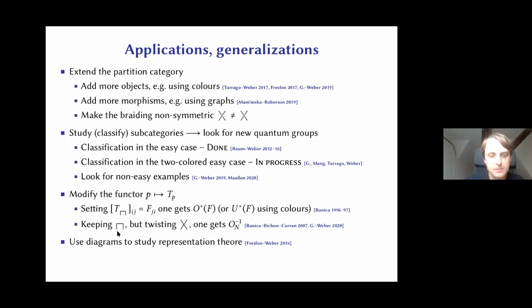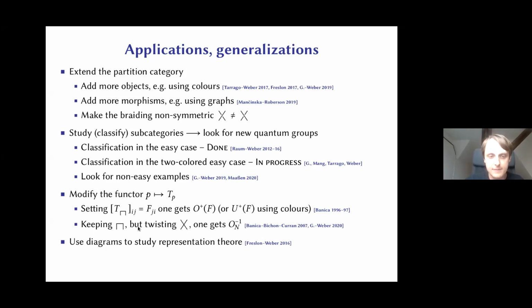You can also keep the interpretation of the pairing, but twist the interpretation of the crossing. So if you consider the q equals -1 deformation of the orthogonal group, then this quantum group actually has a symmetric braiding. So you can describe this by the theory that I described. Yes, so it works like this.